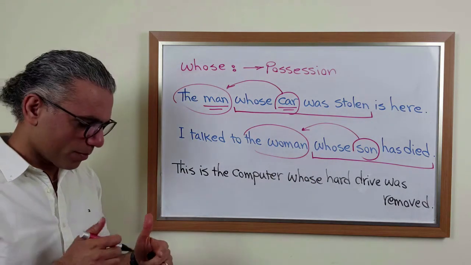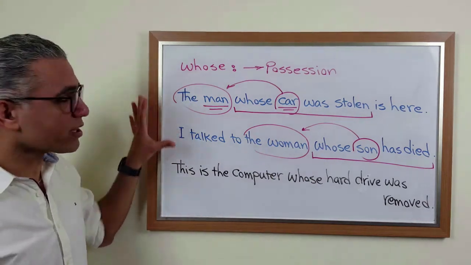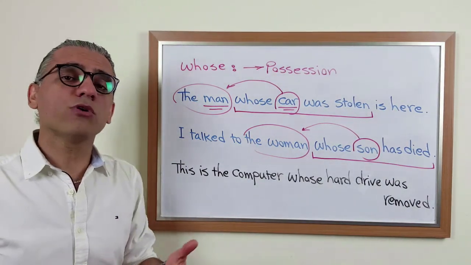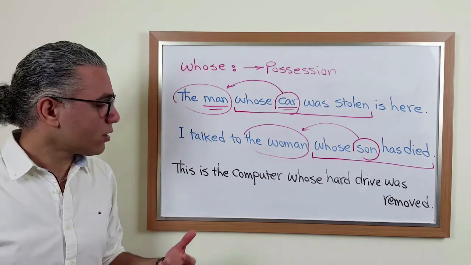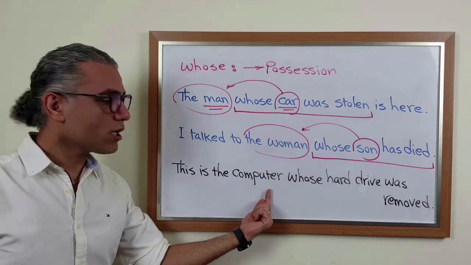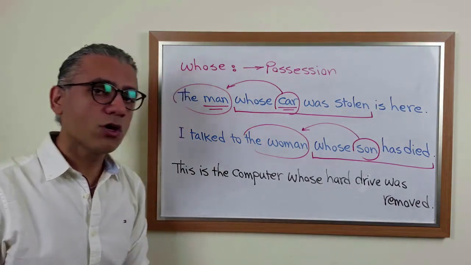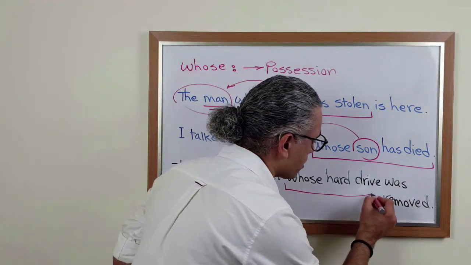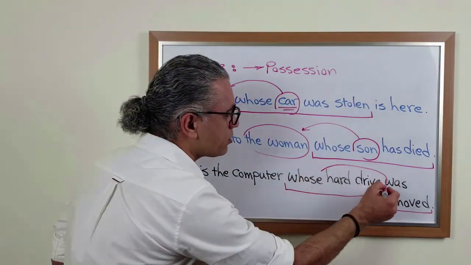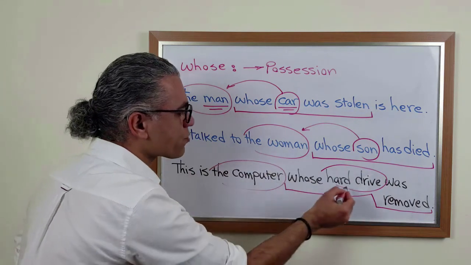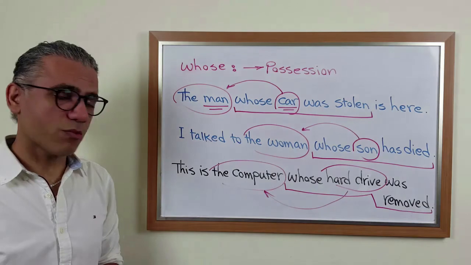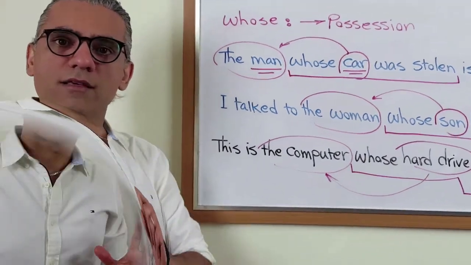The last example, look, there is a basic difference between these examples and this example. Whose, we don't only use it for people, we could also use it for things. Look, this is the computer whose hard drive was removed. Again, this is your relative clause, and the hard drive belongs to the computer. So we not only use whose with people, we could also use it with things.